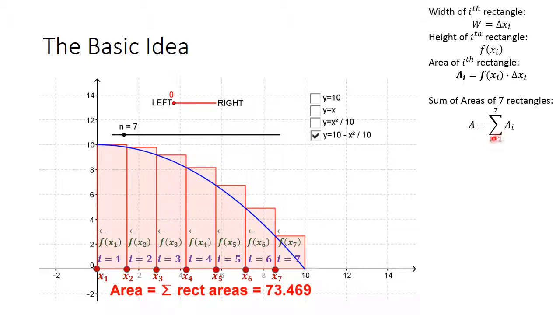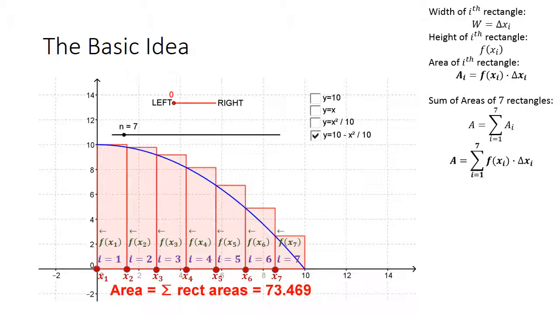We're going to start with the first, i equals 1, and calculate, using a formula, what A sub 1 is. And then we're going to change to i equals 2 and find out the second one, i equals 3, and so on, all the way up to i equals 7. And we will add those together.